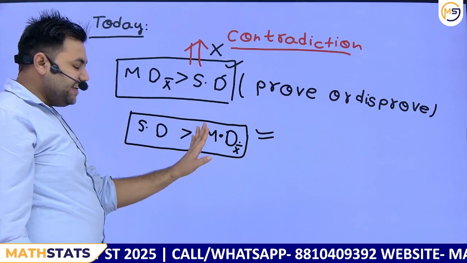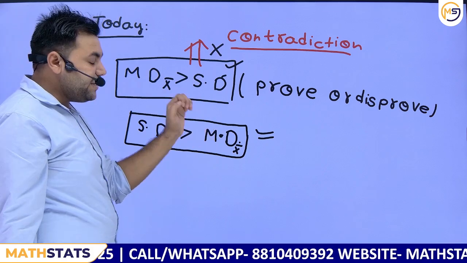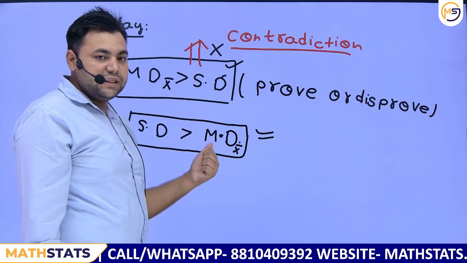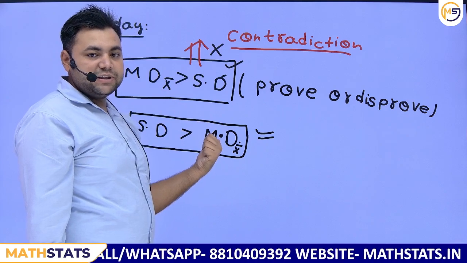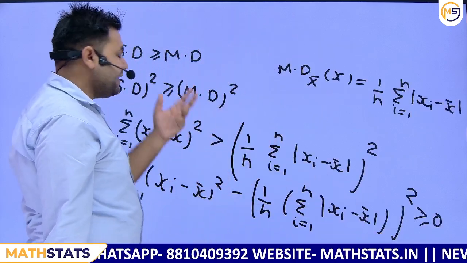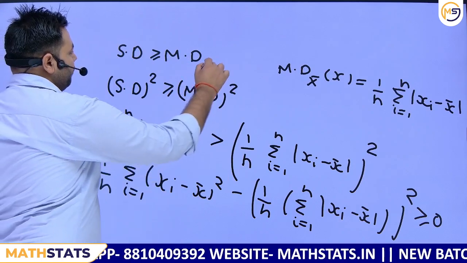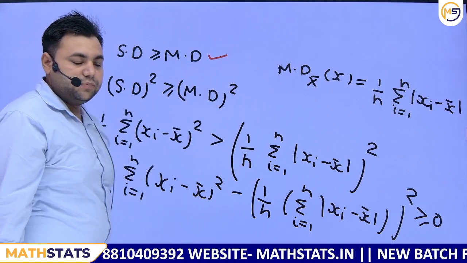Okay, but here you find a positive result, which means you find an always true result. If you find an always true result, this result is always true. Okay, so this is the proof of SD greater than or equal to MD. Okay, right? SD greater than or equal to MD is true. This is a theorem. Okay.